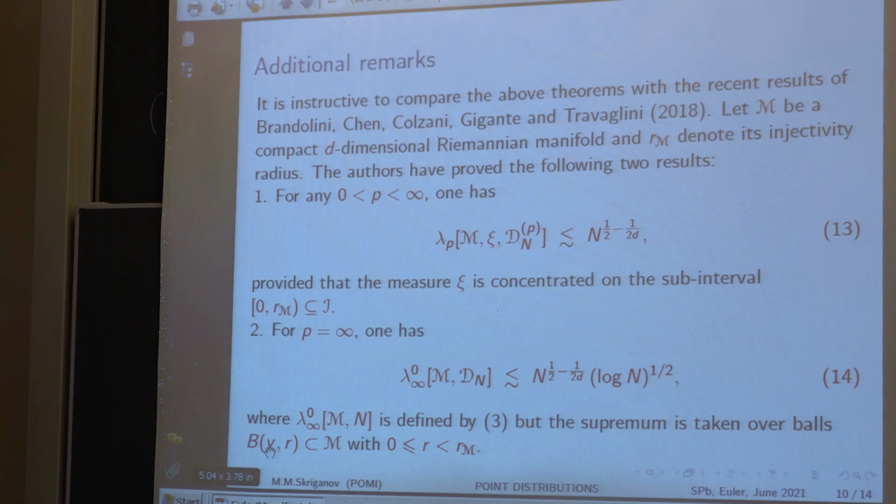So they proved that the LP norm has the standard bound if the measure is concentrated on a small interval.